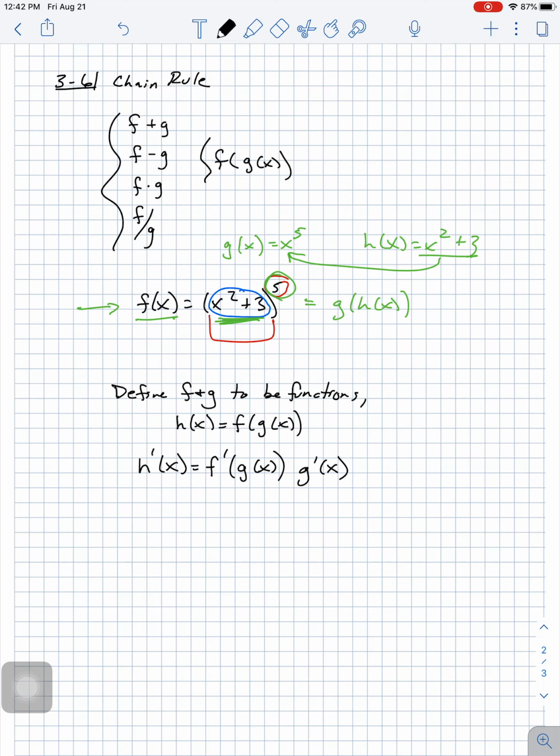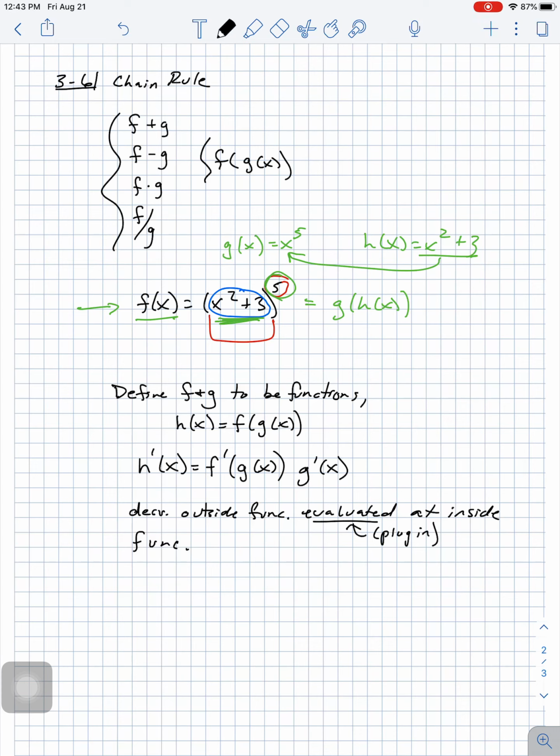Now I think being able to say that every time really helps. So it's the derivative of the outside function evaluated at the inside function, and evaluated just means plugged in.